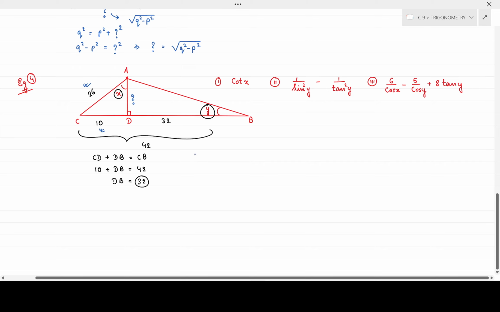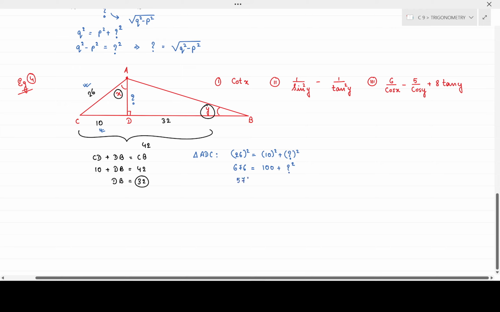Now, in triangle ADC, by applying Pythagoras theorem, we get 26 square equals 10 square plus question mark square. 26 square is 676, and that equals 10 square, 100, plus question mark square.